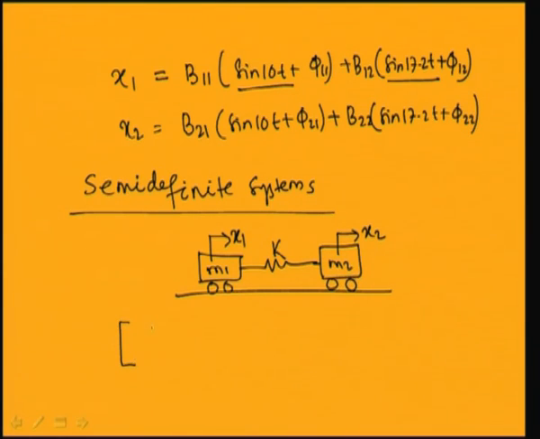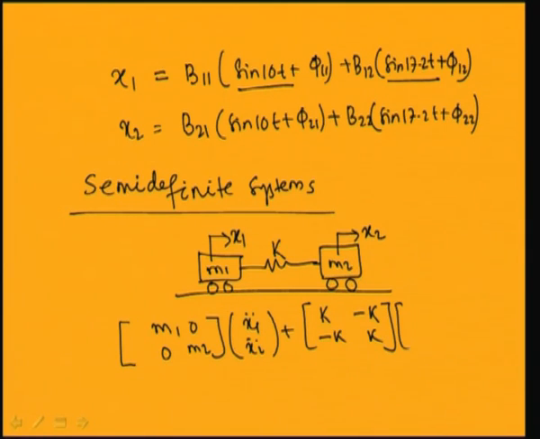So, it leads to [m1 0; 0 m2] into [x1 double dot; x2 double dot] plus [k -k; -k k] into [x1; x2] equal to [0; 0].